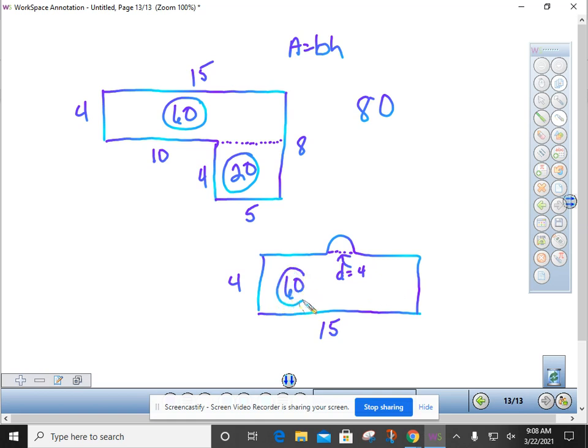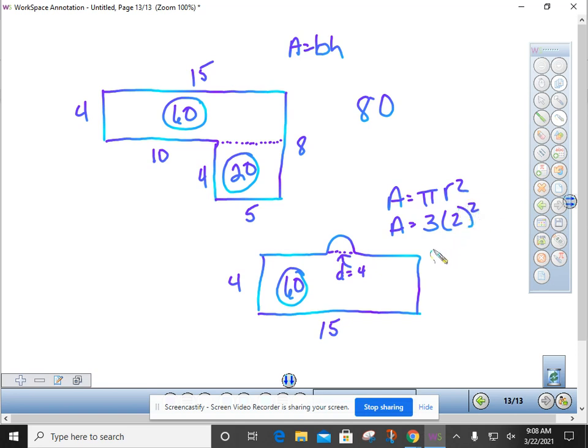60. And then we gotta find the area of this, but it's half of a circle. How do we do that? You would find the area and then divide it by 2. Perfect. So we find the area of a whole circle, pi r squared, and for today we use 3 for pi. What would be the radius? 2.